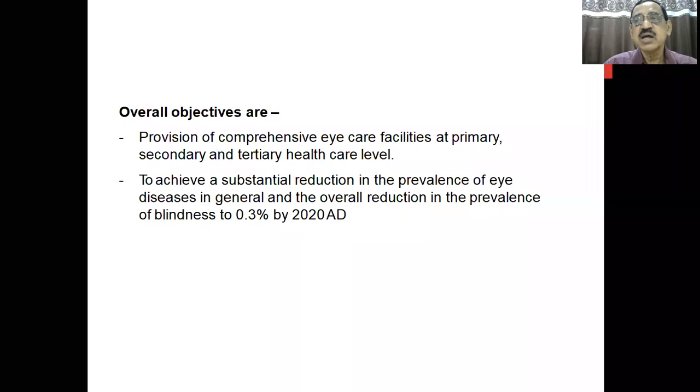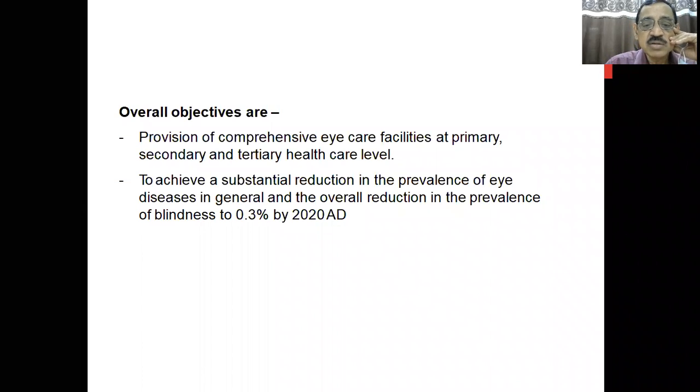And tertiary healthcare levels, we have in almost all the medical colleges and also the corporate hospitals, which are meant only for eye care. So these are primary, secondary, and tertiary healthcare, and provision of comprehensive eye care facilities at these 3 levels is the first and foremost objective of NPCB.